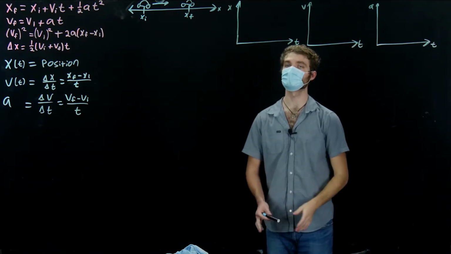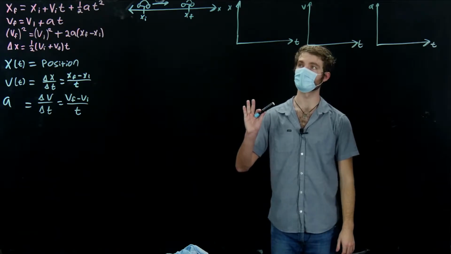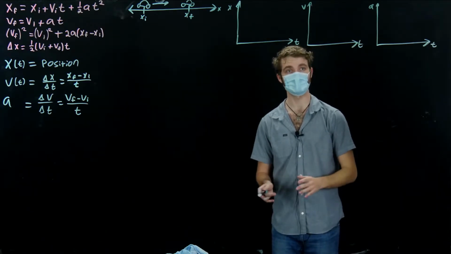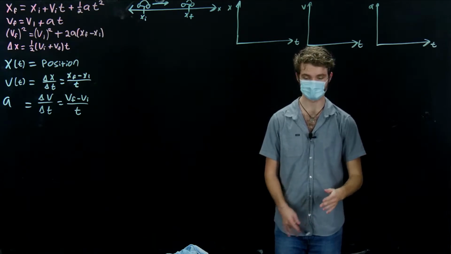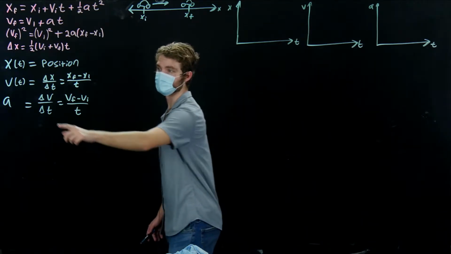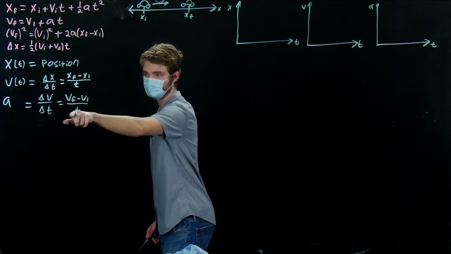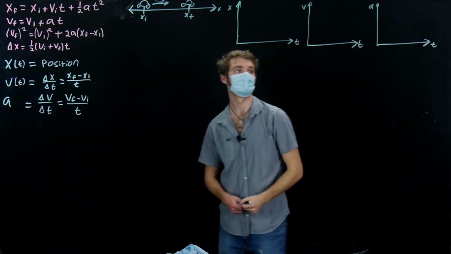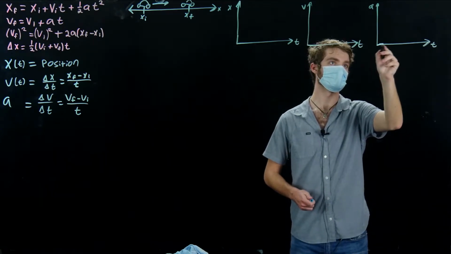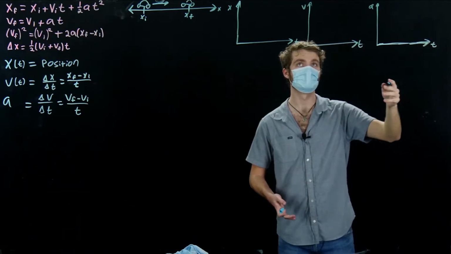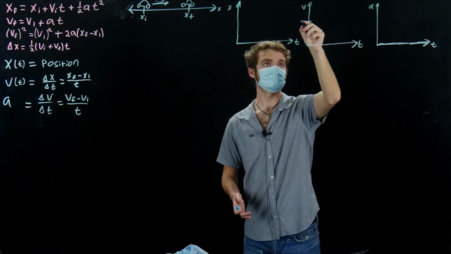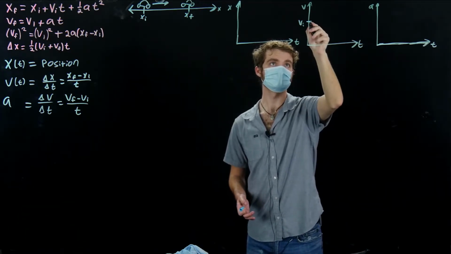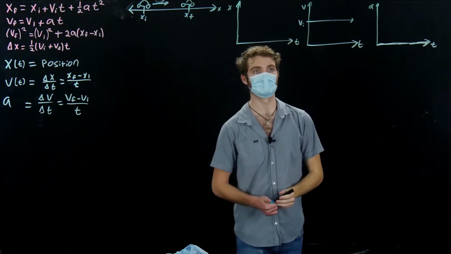So for our problem where we said that our car is moving at v initial, that means its velocity is constant. Its velocity isn't changing. So a, which is change in velocity for a change in time, is 0 because our velocity isn't changing. So we've got, velocity is here. Which means our velocity starts at v initial, and it stays at v initial the whole problem.